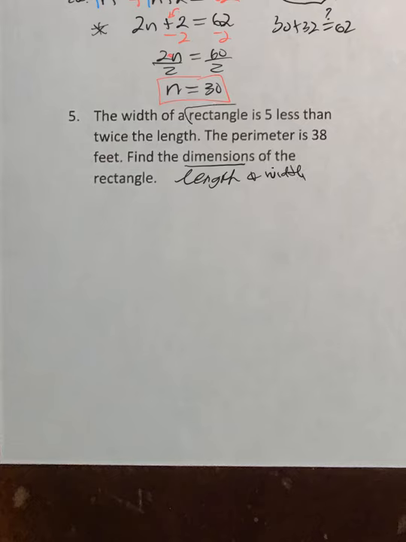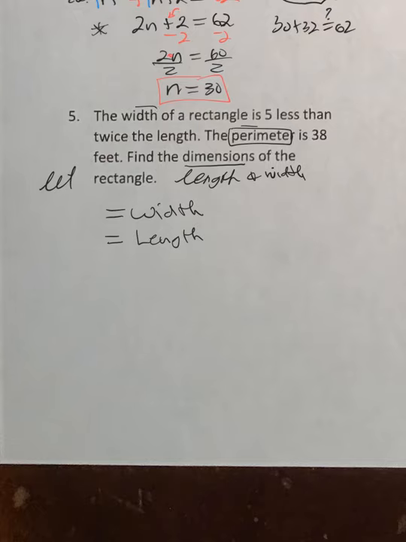And we're talking about a rectangle, and it's a perimeter problem. So the first thing we want to do is write our variable expressions. So we're going to have the width, and we're going to have the length. We're going to say let, and then let's read that first sentence. So we have the width is, right?